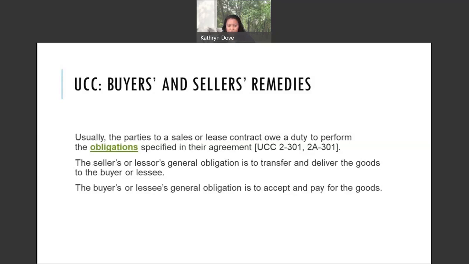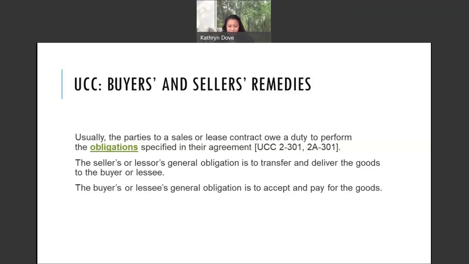The seller's general obligation in a sales contract is to transfer and deliver the goods to the buyer. Suppose the general contractor on a construction project routinely needs nails, and he approaches the seller, the owner of a company who sells nails, and they agree for the shipment of 10,000 nails.